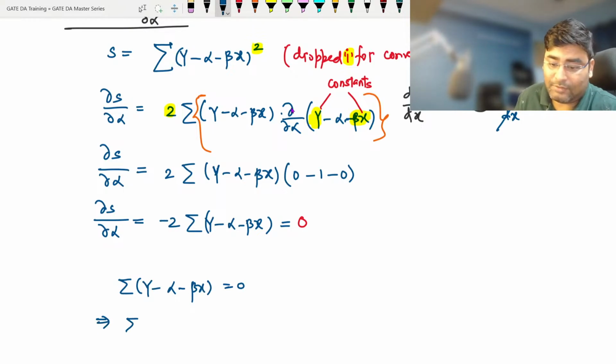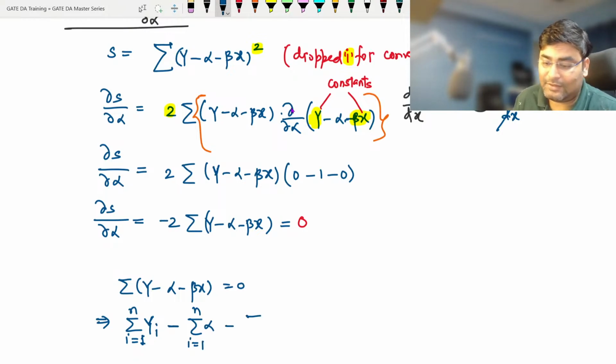If you do the math, it will be sigma y, and now I'll bring in i equal to 1 to n. I know it's convenient for me, but that's how you will do it fast. Minus alpha, sigma i equal to 1 to n, minus beta, which can come out because beta is constant here, times sigma xi, i equal to 1 to n, equal to 0.